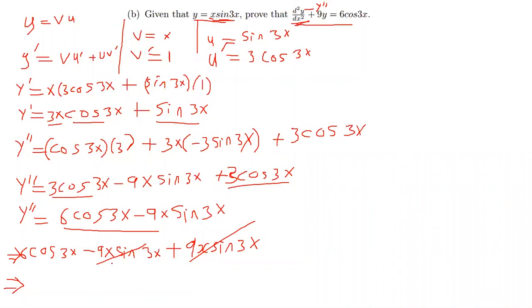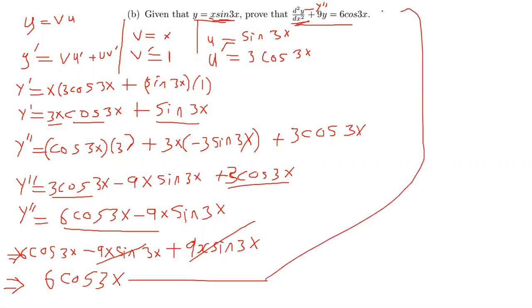This is going to give us 0, and we'll therefore just remain with 6 cos 3x as our answer, which is just the same as the answer they've found. So down there you can even write hence proved. It has been proved.